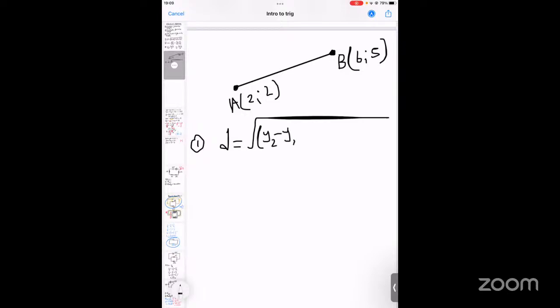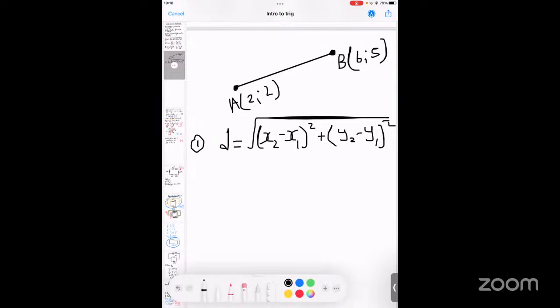y2 minus y1. It doesn't matter if you start with x and say x2 minus x1. You just need to remember to close and square it. And then after you will have your y2 minus y1, you just need to remember to close and then you square it. So you will need to choose between those 2 points.